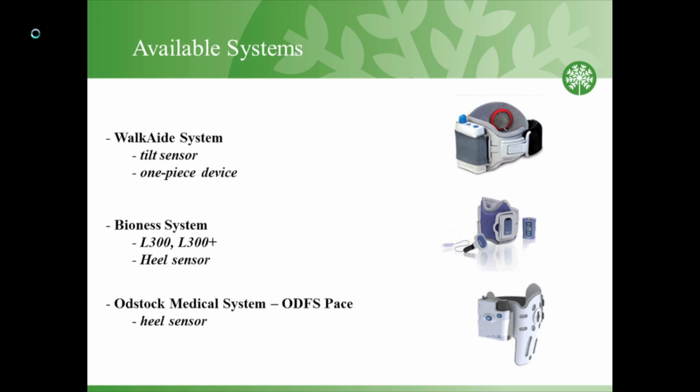So, these are all FES systems. They all deliver pretty much the same type of stimulation to the actual nerve itself to hopefully get the same response. It's really the mechanism of action that you're going to see the differences in. And obviously, heel switch versus tilt sensor accelerometer is the biggest difference between all of them.